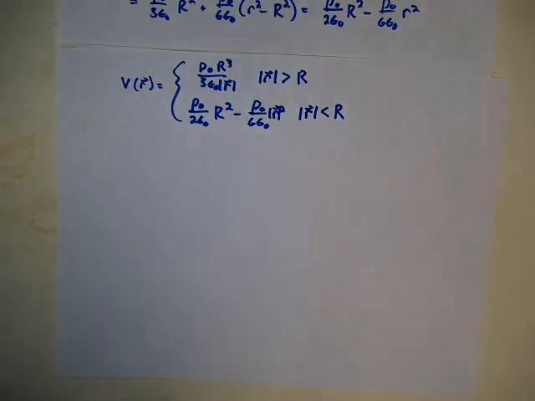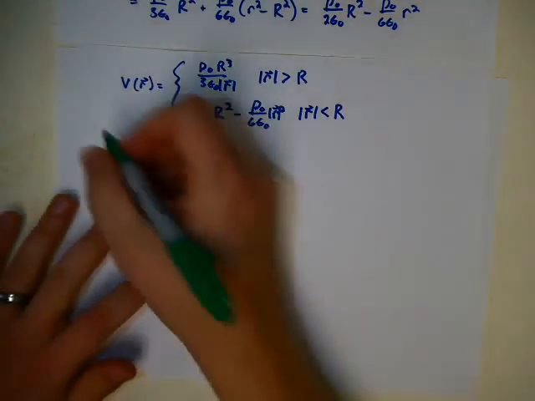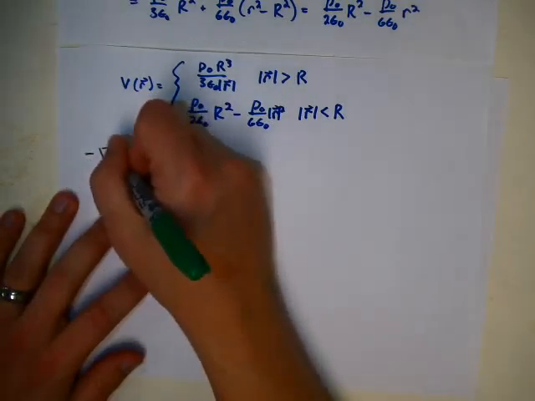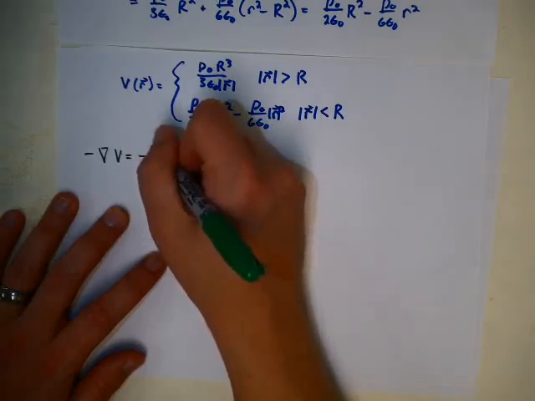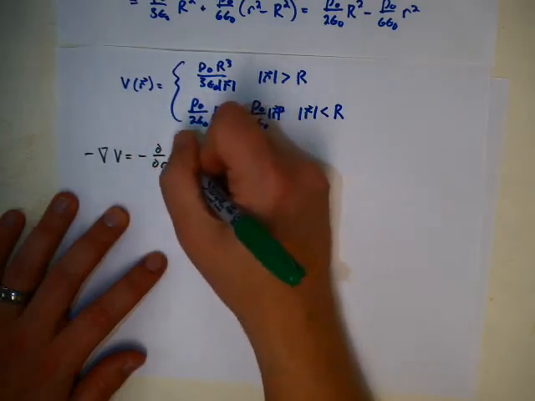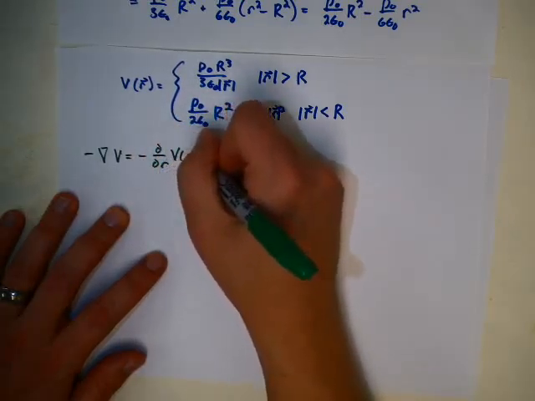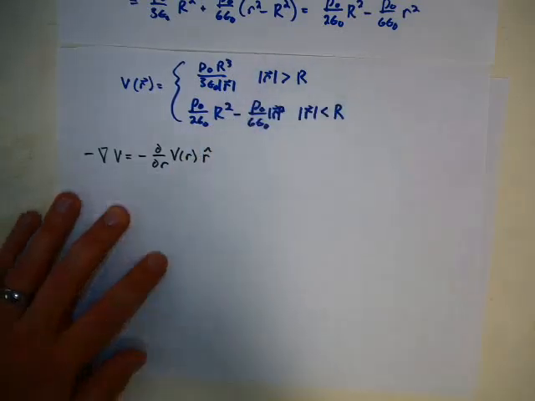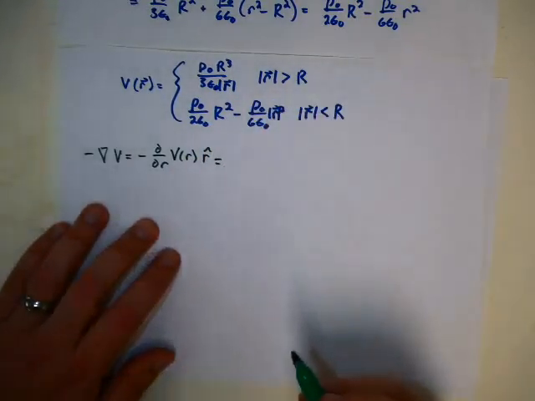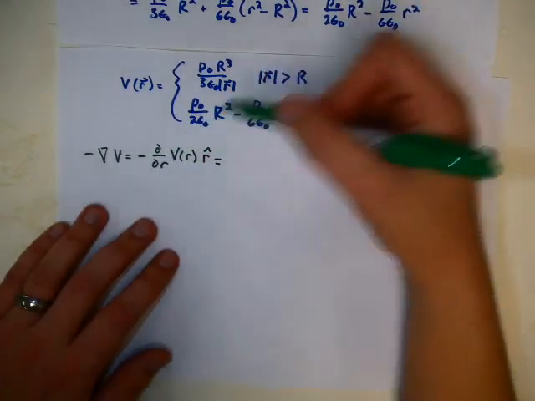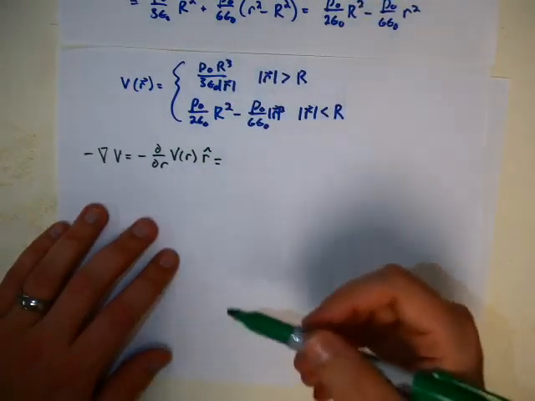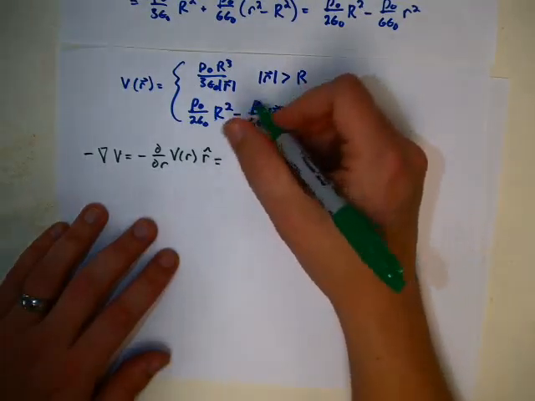The last thing it says is to confirm that we get the electric field by taking the gradient. And so the minus gradient of this potential is, of course, minus the partial with respect to r of this potential as a function of r alone, times r hat. We can go ahead and do that. The derivative of 1 over r is minus 1 over r squared. With a minus, that'll give us a positive.